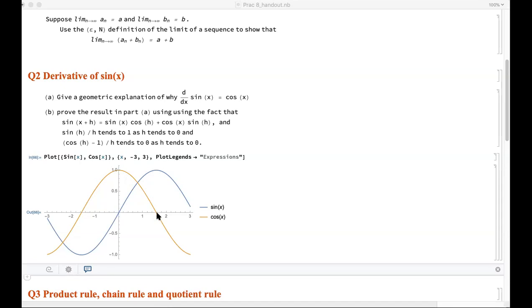And then we come back to this point here. What's the derivative at this point? 0 as well. So we go up and put a point up there. So that's intuitively, in a geometric sense, how you could explain it, without using a formula or trigonometric identities.